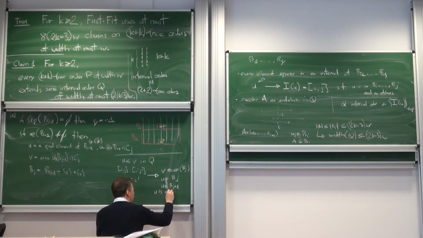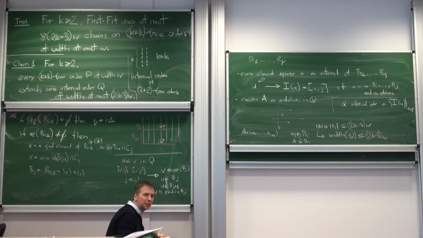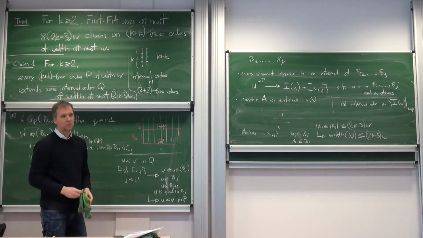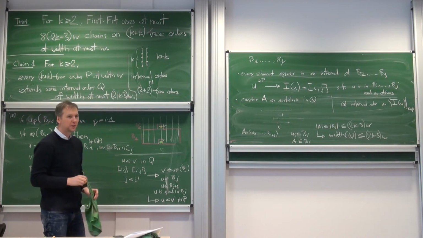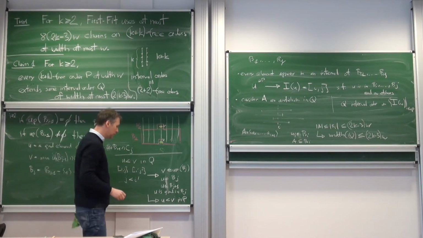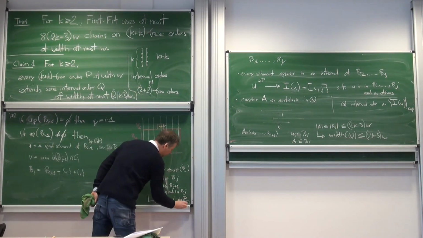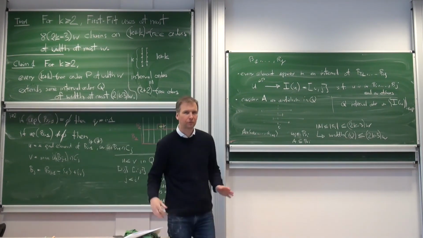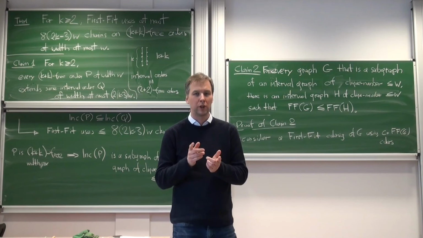U is good in Bj. This means that U is below all the upset of Bj. So in particular, U is below V in our initial poset P, which means that P extends Q as desired. This completes the proof of claim 1. We are done with the claim.